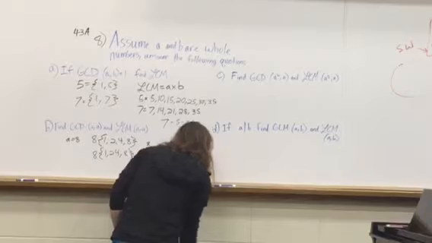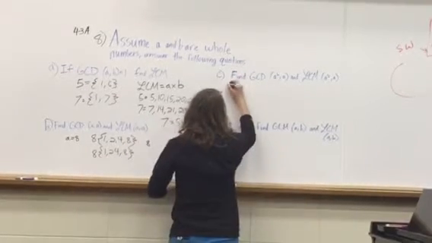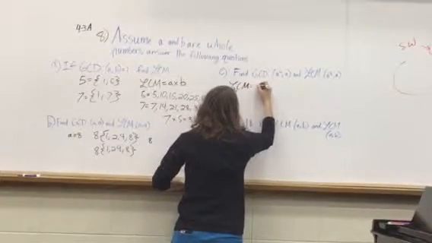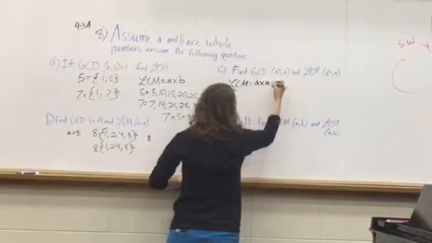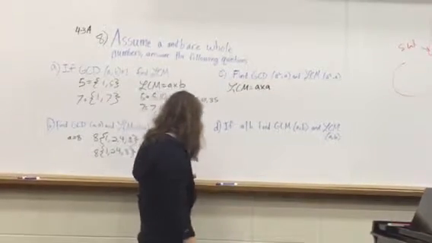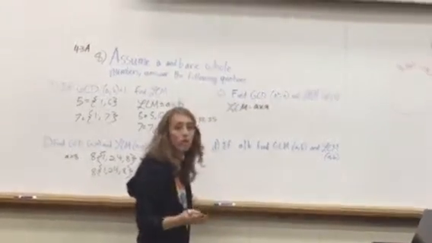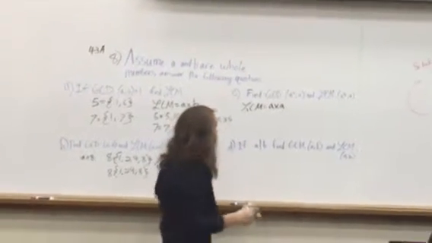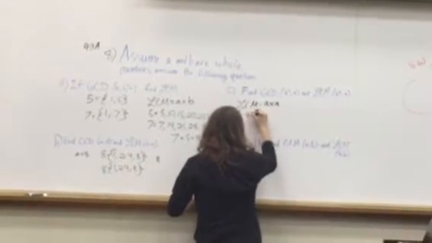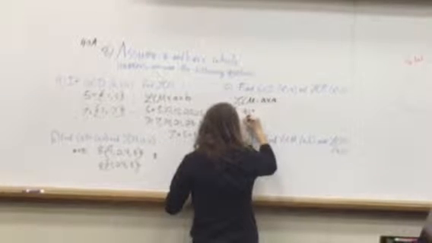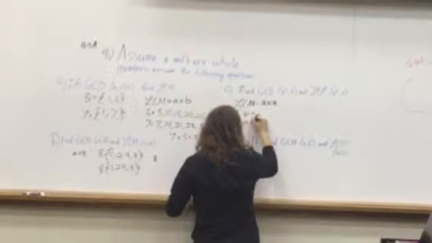So the least common multiple in this situation is just A times A. And how do we know that? Once again, we're going to use the same example that we did before: 8 as our A, and 64 as our A squared.